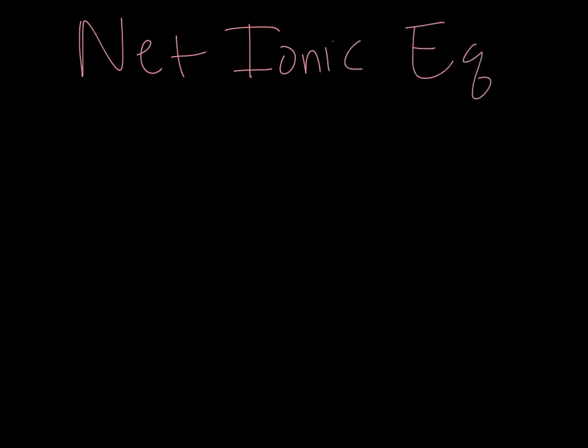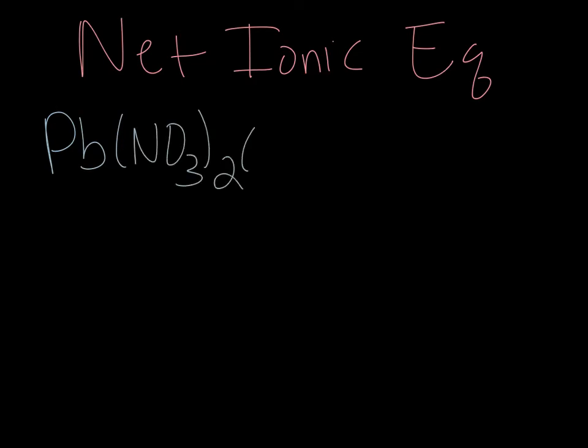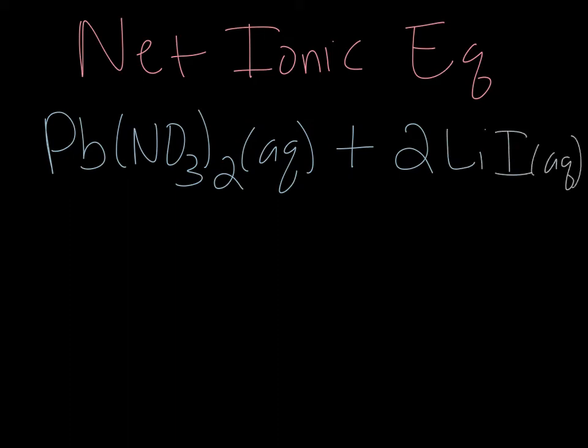Okay, so we're going to look at now net ionic equations, which is really what's changing when ionic compounds react with one another. We know they dissociate in solution, so let's take a look at the combination of lead nitrate aqueous plus lithium iodide aqueous.